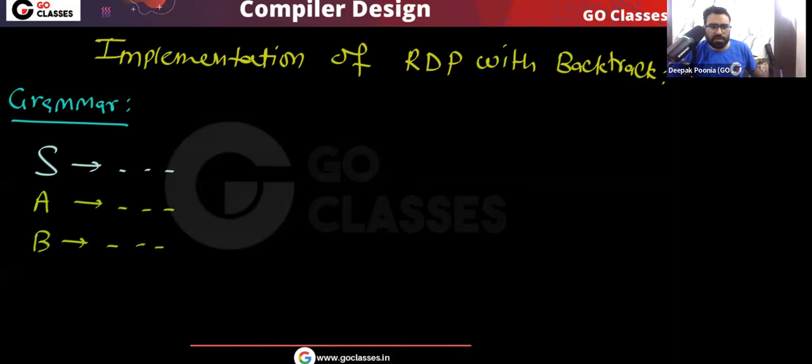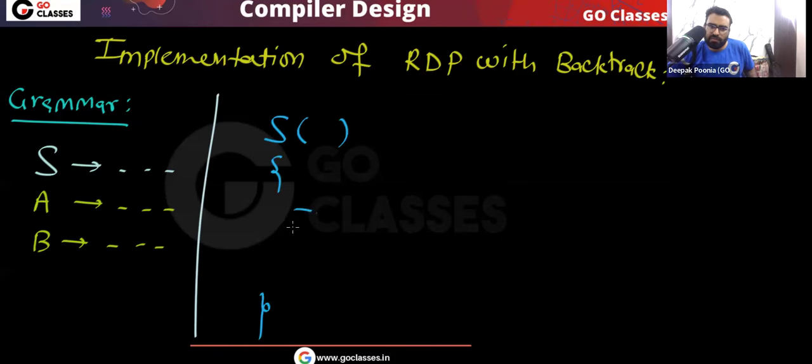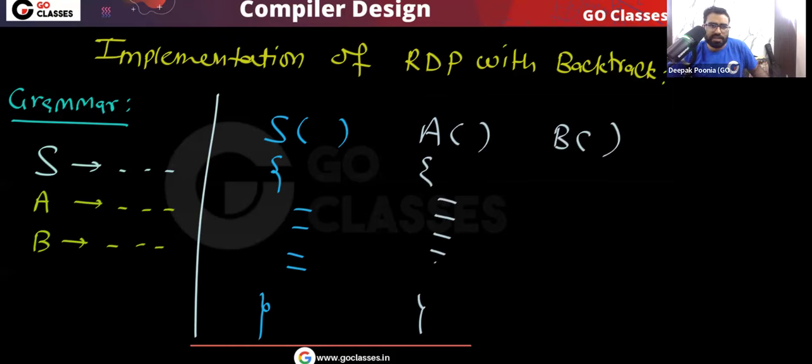Now, what we do in the implementation of a recursive descent parser with backtracking is, for every non-terminal, we write a function. For this A also, we write a function. And for this B also, we write a function. That's it.